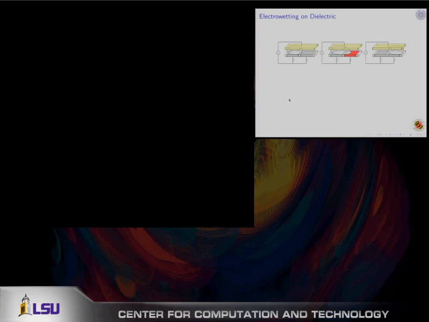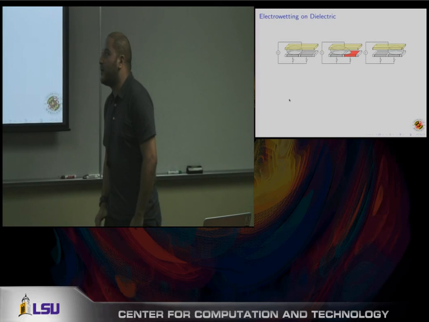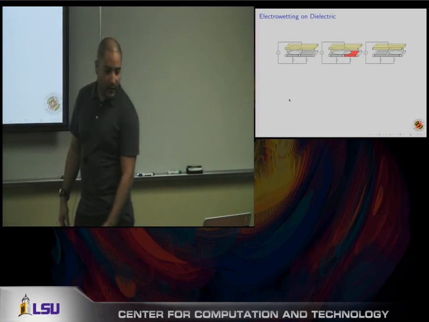Okay, so this picture is basically the standard prototype of how electrowetting works, of what electrowetting is. So in principle, you have two conducting plates, and in between them you have sandwiched a droplet of a non-conducting material. Think, say, for instance, water, and it's surrounded by air.